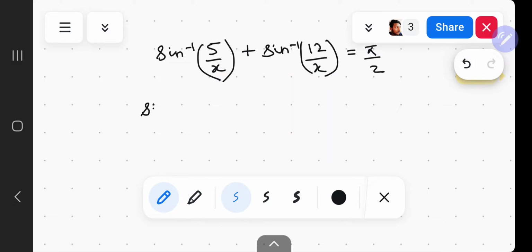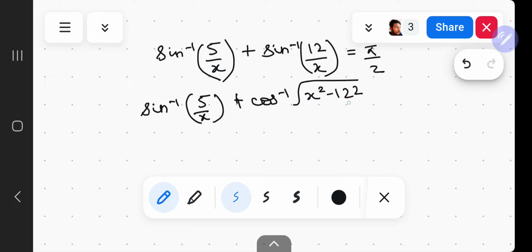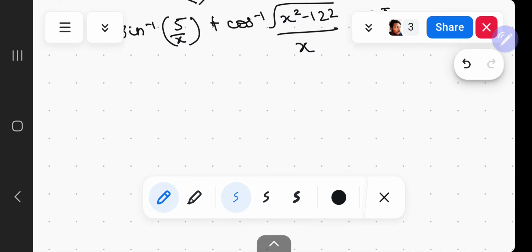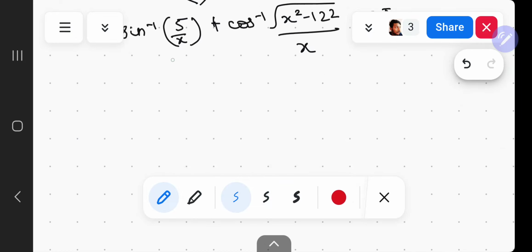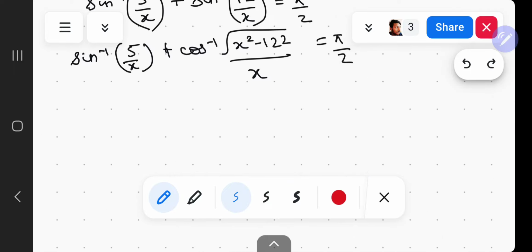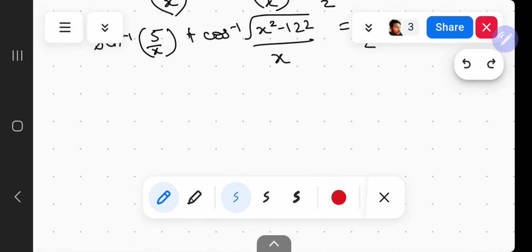Okay. And when we have converted that, we got sine inverse 5 over x plus cos inverse of under root x square minus 12 square over x. So that was equal to pi by 2. And both of these values are equal to each other because one of them is inside a sine inverse, one of them inside cos inverse, and both are added to give pi by 2.